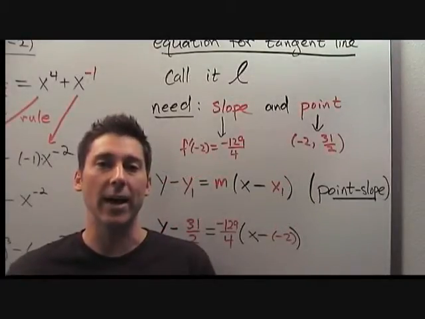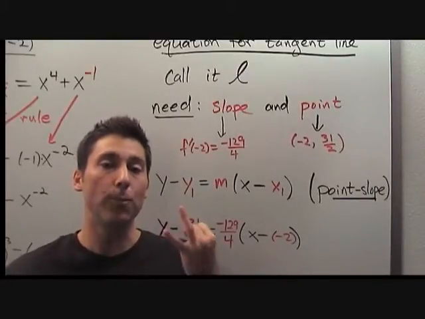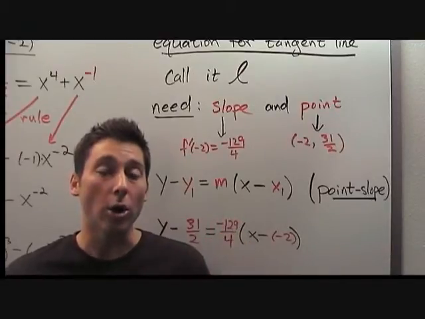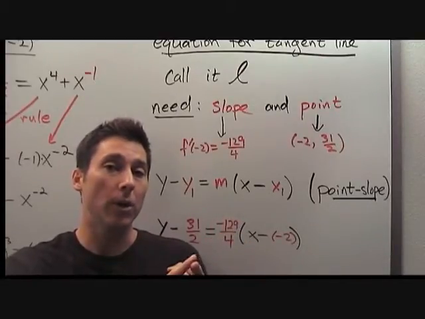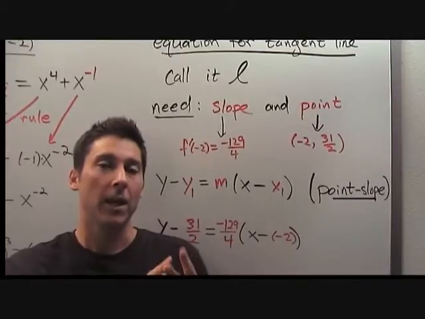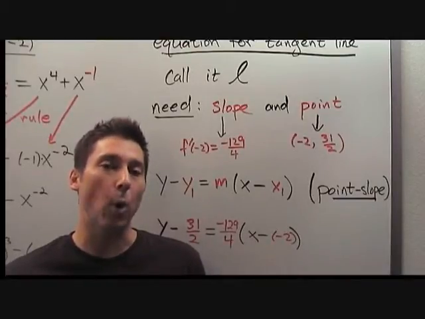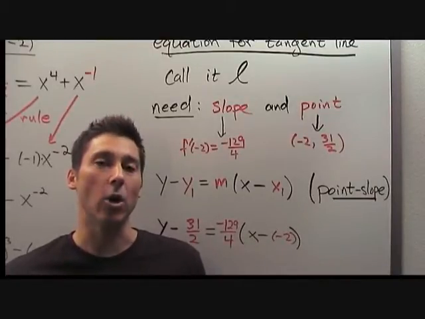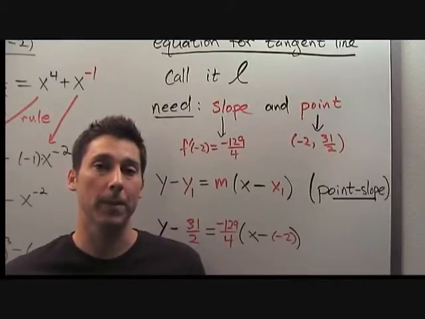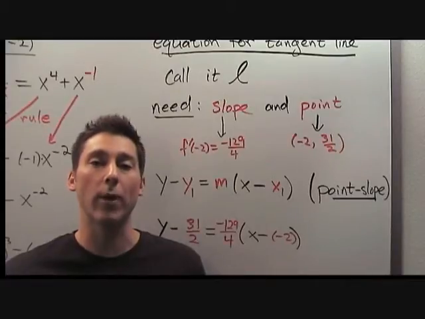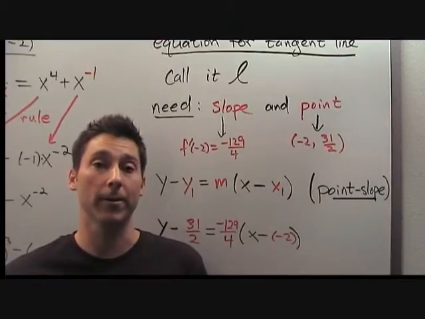Whenever you need to write down the equation for a line, you have two choices. You can either start with two points, or you can start with a slope and a point. If you start with a slope and a point, my favorite way to go is to use point-slope form. Then at the end we can rearrange to slope-intercept form.